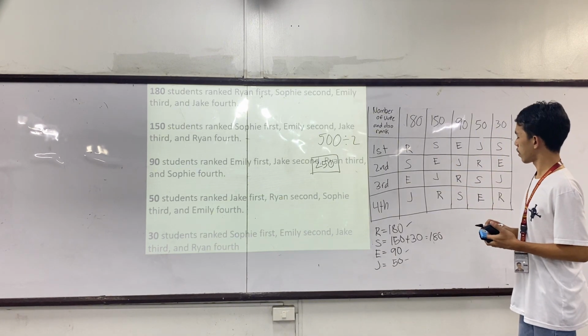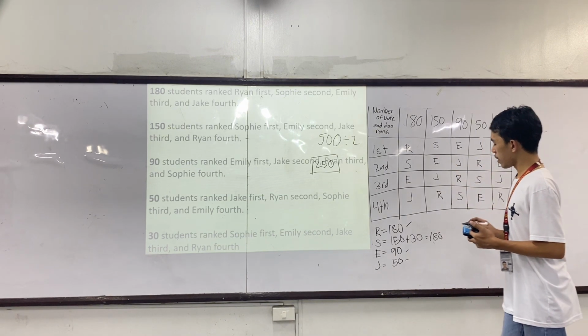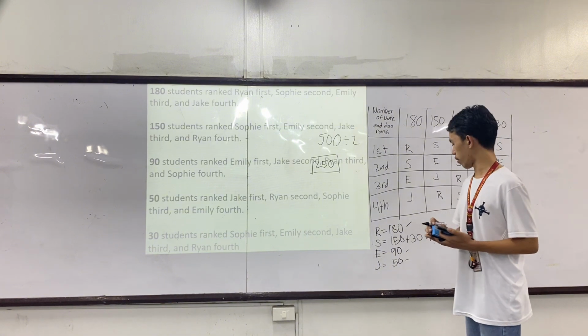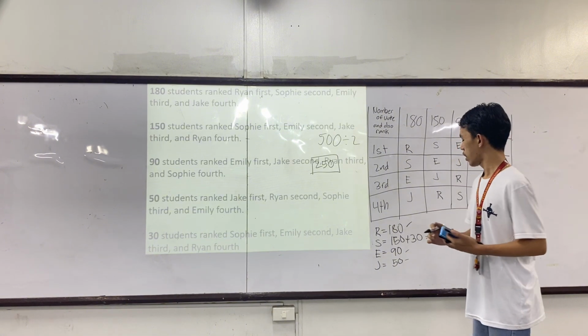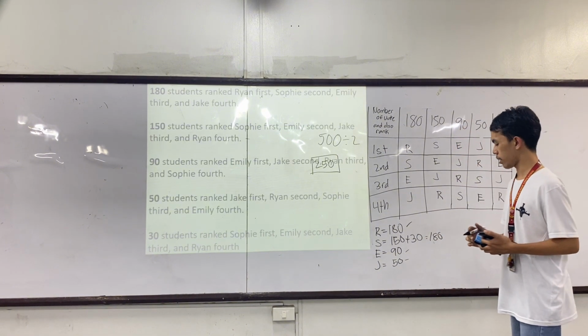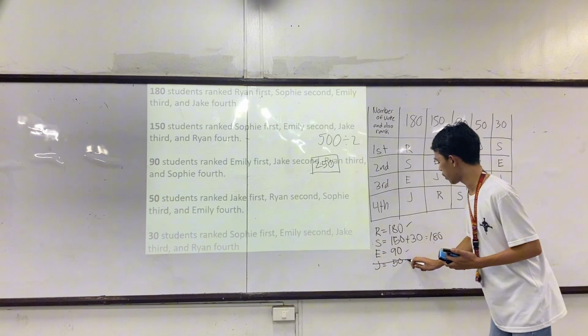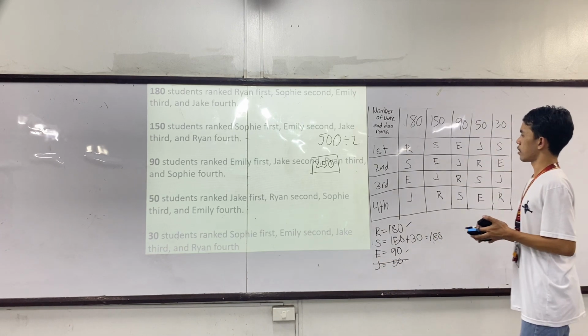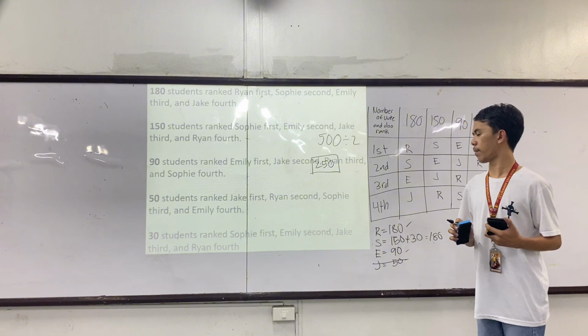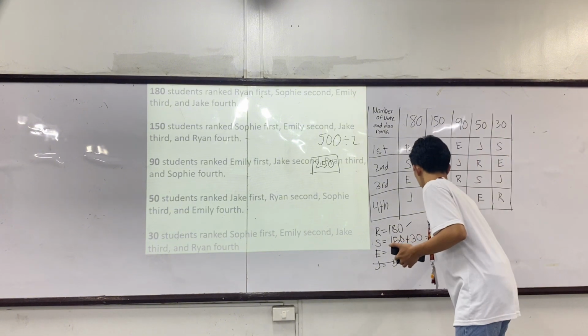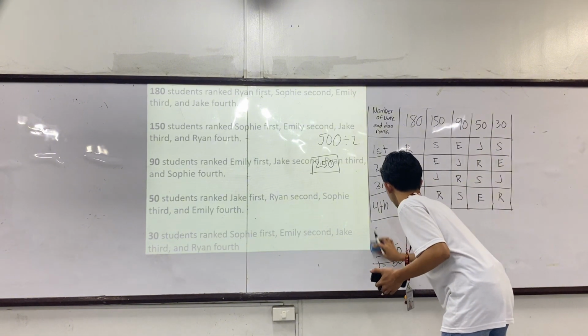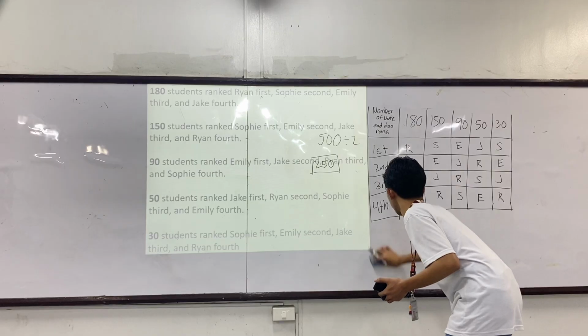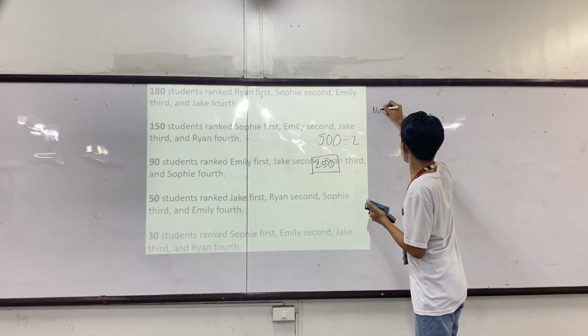So next, the eliminated of this first round will be the fewest votes. So the fewest is Jake. Jake will be eliminated. So we need to make another table. So this is the number of students.